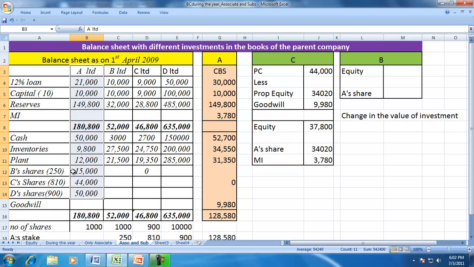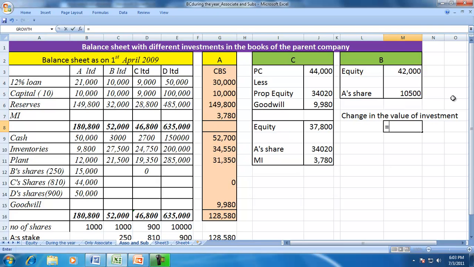The equity method of accounting says the investment in the associate will be shown in the consolidated balance sheet to reflect the equity of B on the date of the balance sheet. So B's equity is 10 plus reserves, and of this A's share is 0.25, so 10,500.